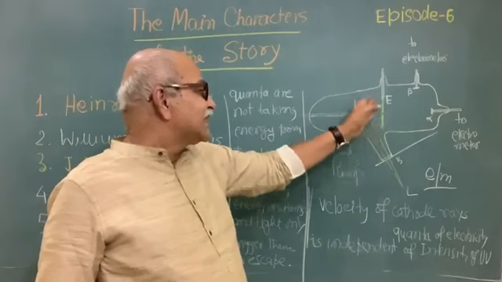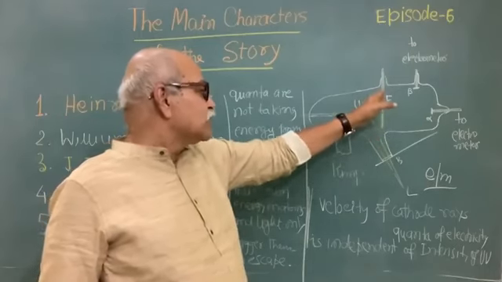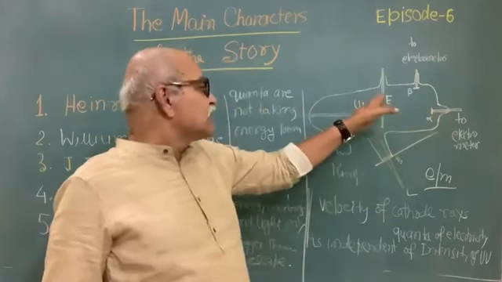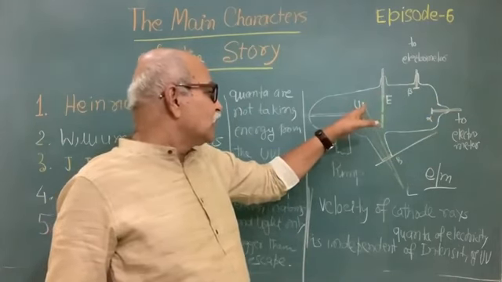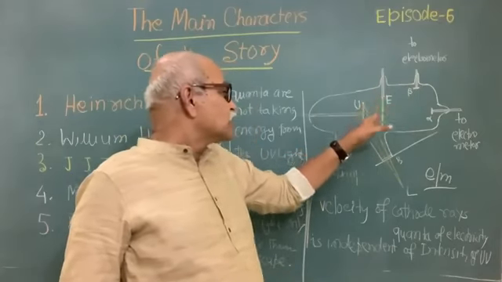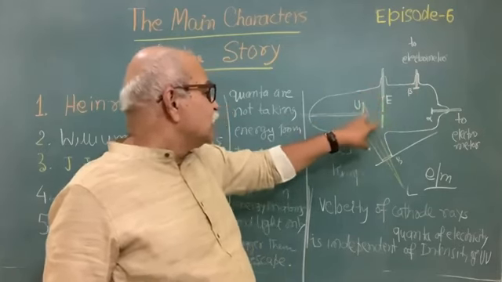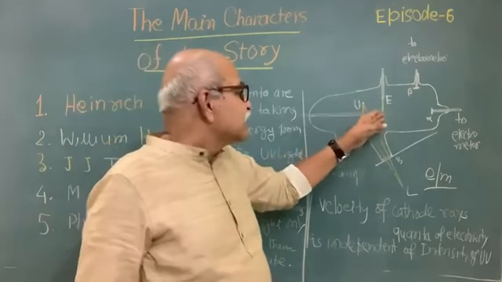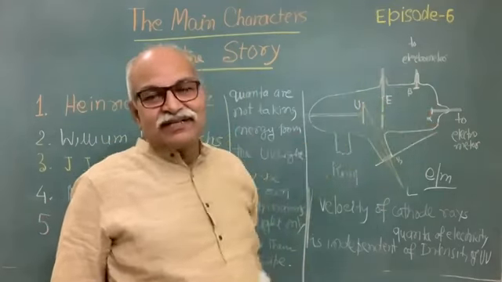Some will go in straight directions. But if you do have some kind of positive potential, then it draws them. And if it is sufficiently high, then all the quanta which are emitted go through this. Not all of them, they are of course blocked here and there, but there is no side going in this side or that side and so on. So they are all streamed in a direction, so you get a maximum current, so that saturation current is there.